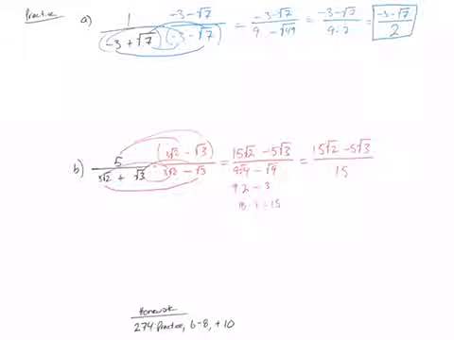And then, of course, I have a 5 that I could factor out the top, which maybe I shouldn't even send it in. So it would be 5 times 3 square roots of 2 minus the square root of 3 over 15. And that 5 will reduce with there. So my answer here would be 3 square roots of 2 minus the square root of 3 over 3.